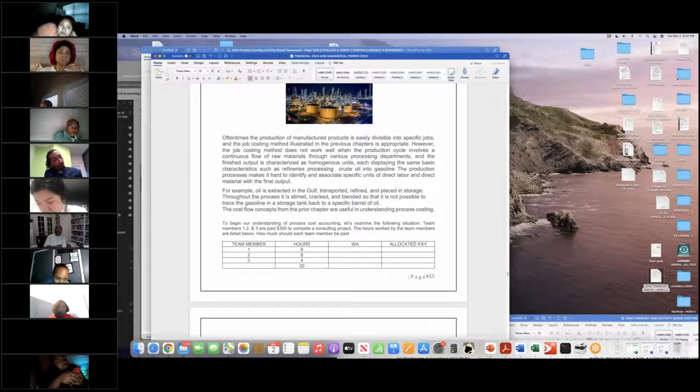So to kind of look at this, suppose three students on a team had a consulting project that paid $300. Team member 1 worked 8 hours, team member 2 worked 8 hours, team member 3 worked 4 hours.